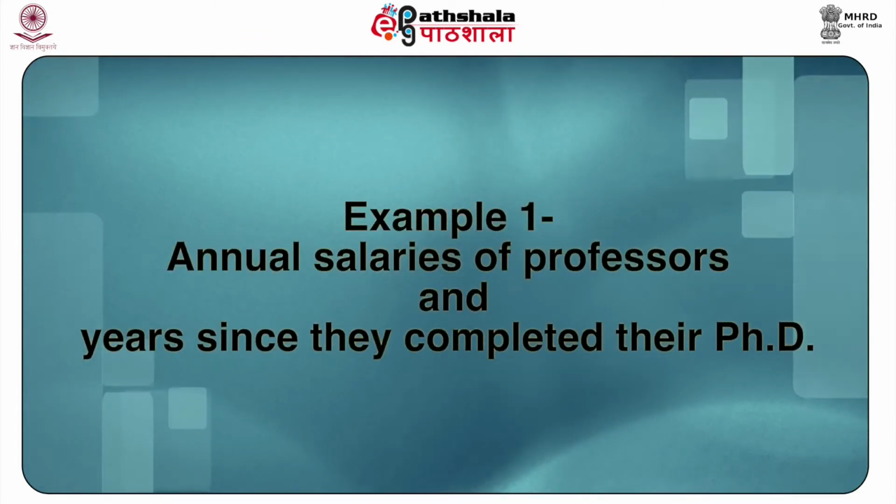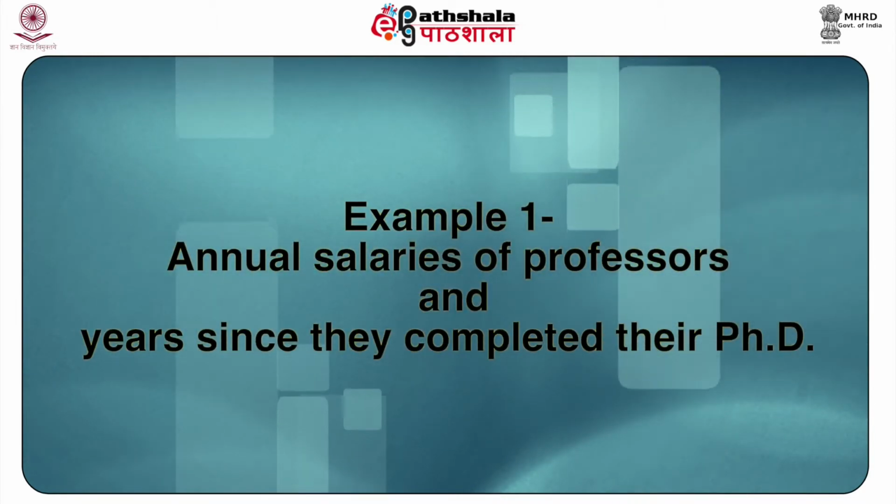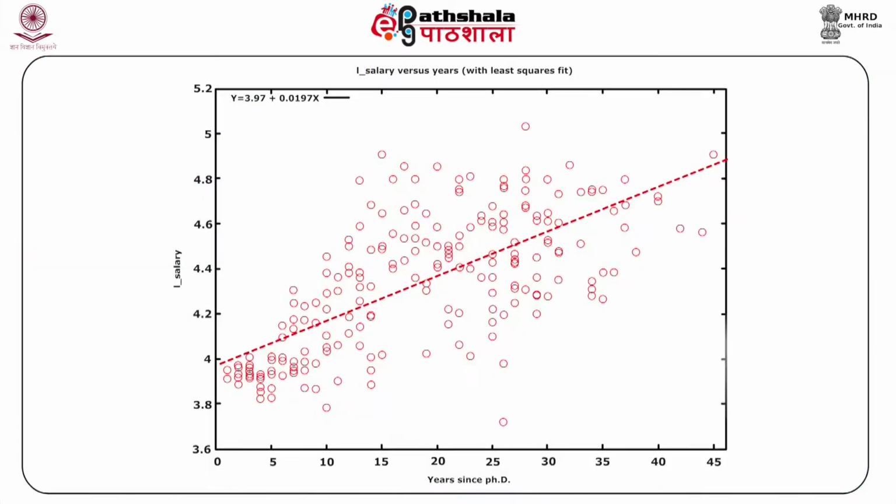Example number 1, which is on annual salaries of professors and years since they completed their Ph.D. Now, figure 1 shows the scatter plot of annual salaries against years since Ph.D. of 222 professors from 7 US universities, which are UC Berkeley, UCLA, UC San Diego, Illinois, Michigan, Stanford, and Virginia, for the year 1995. The source of the data is Ramu Ramanathan, 2002.